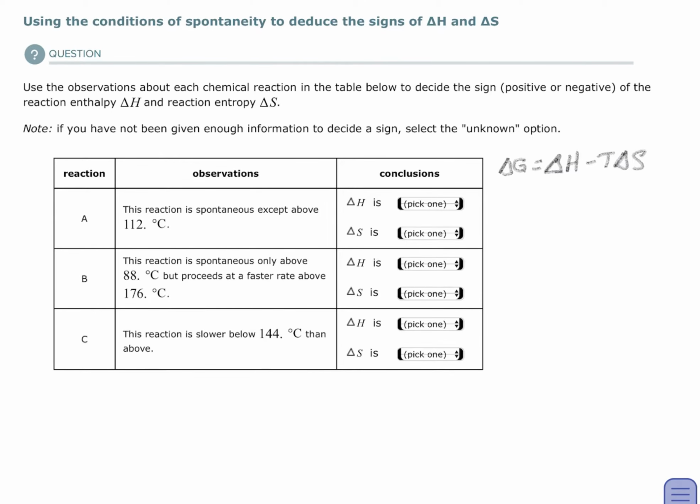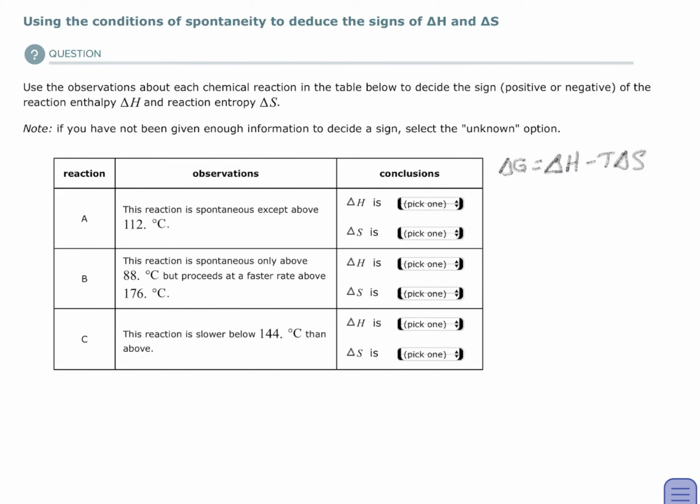So when delta G is negative, it's spontaneous. I'm tweaking this problem to find out when G is negative. Is there any way that I can find out when G is negative?